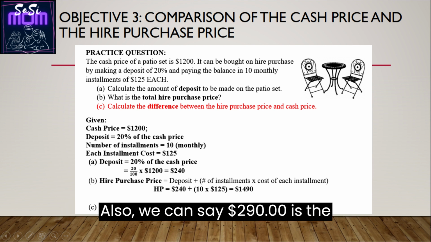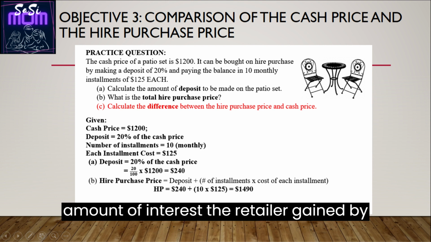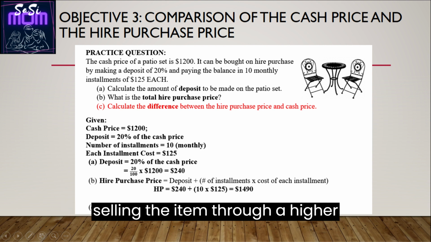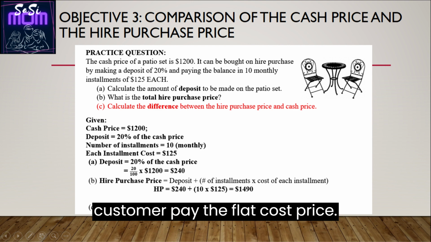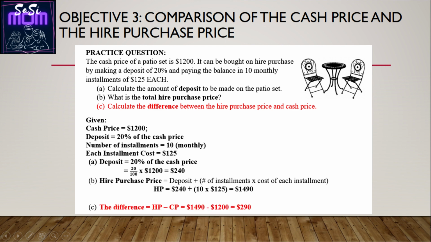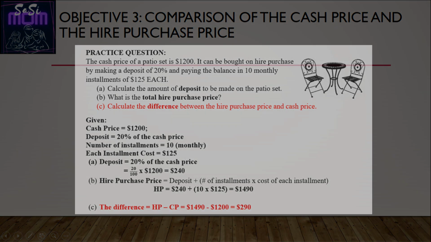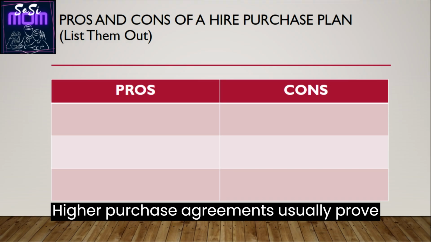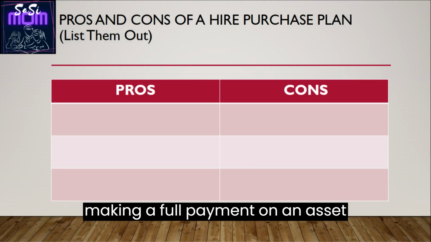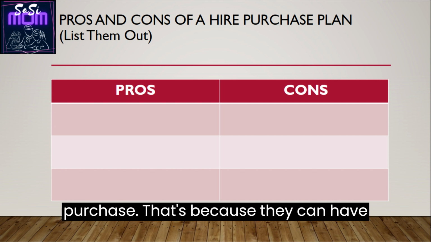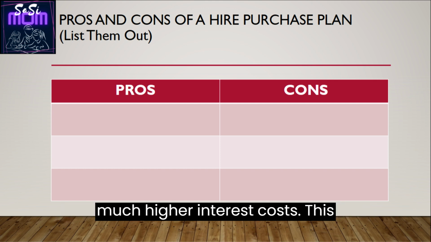Also we can say $290 is the amount of interest the retailer gained by selling the item through a hire purchase price rather than having a customer pay the flat cost price. Hire purchase agreements usually prove to be more expensive in the long run than making a full payment on an asset purchase. That's because they can have much higher interest costs.